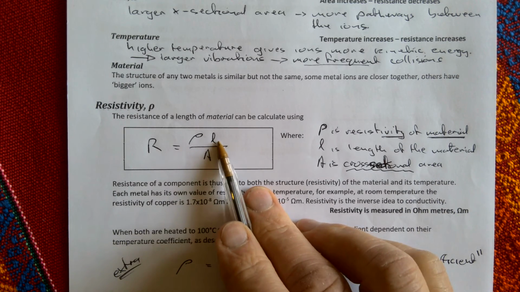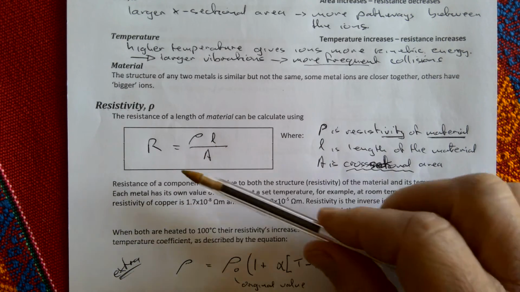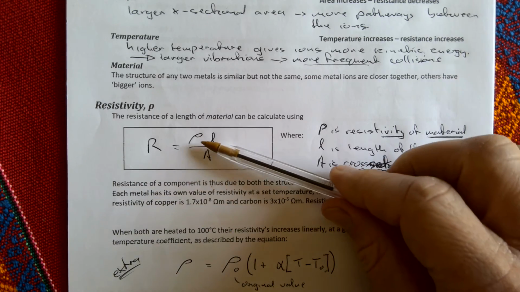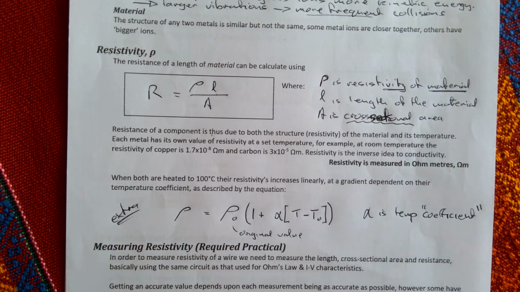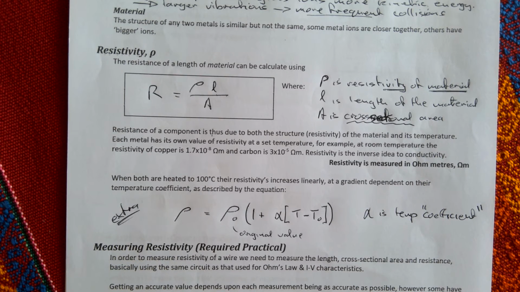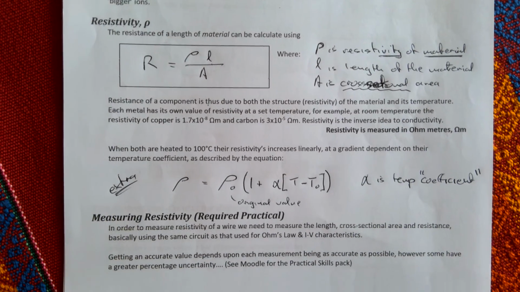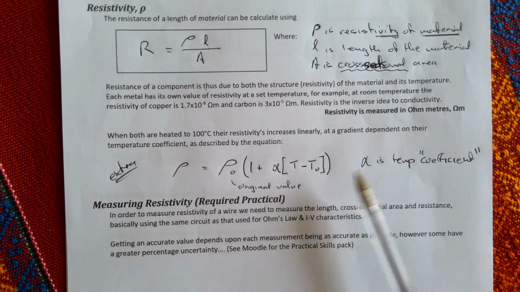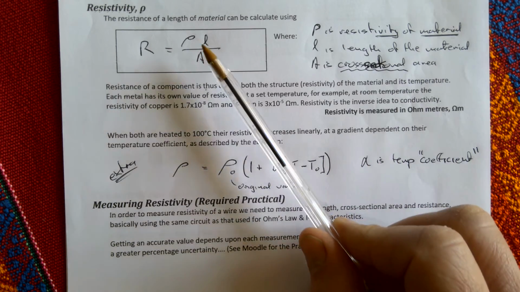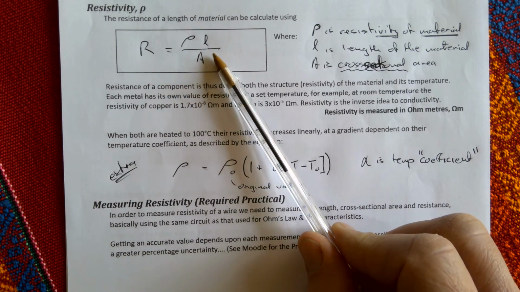So we'll change the length, but the crucial bit is this is also affected by changes due to temperature. So crucially, when you're doing the experiment, if you want any hope of getting an accurate value, then you'll need to make sure the temperature does not change. We can do that in various ways, but if you think about it, heating, ohmic heating, depends mainly on current flowing through your length.